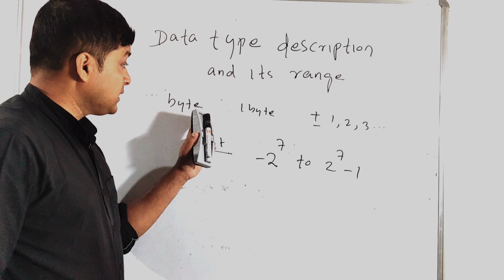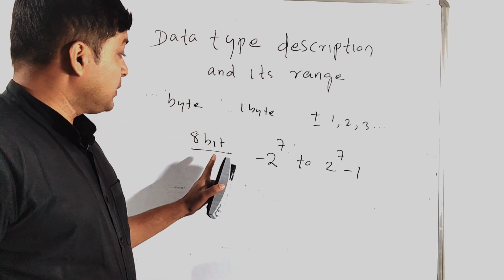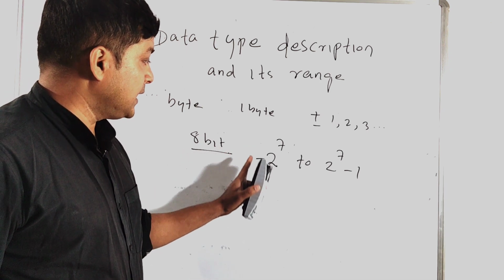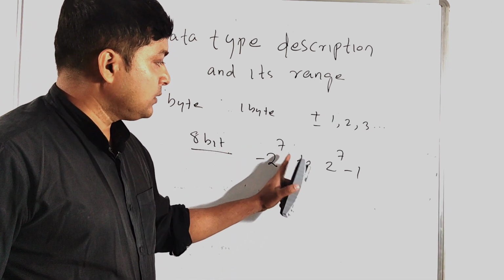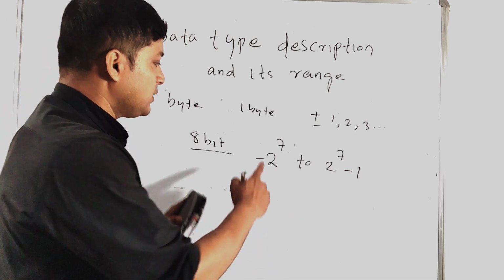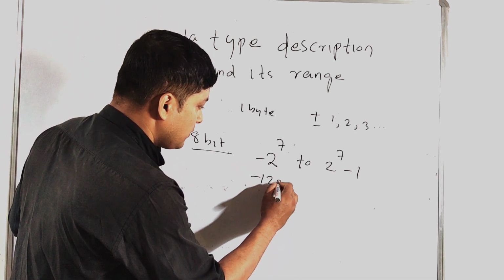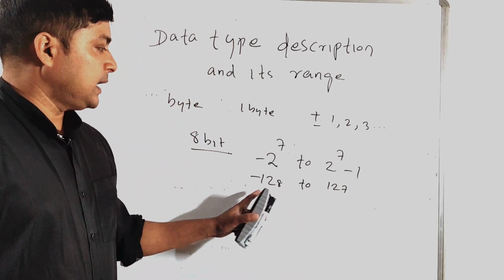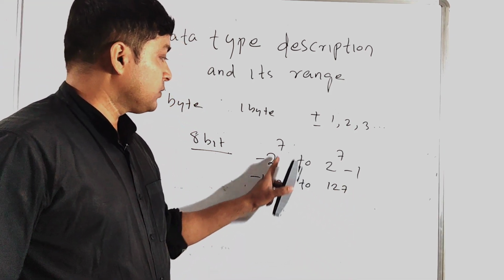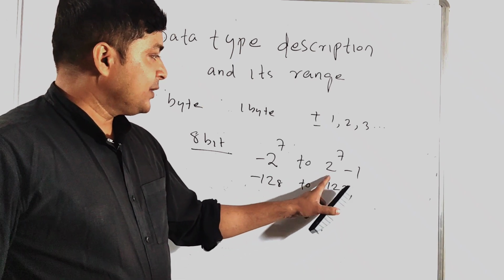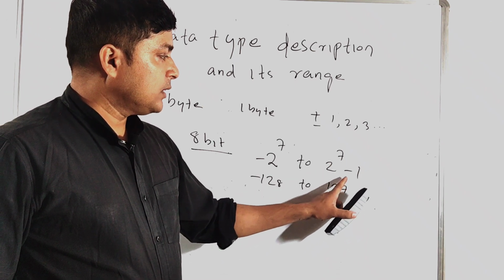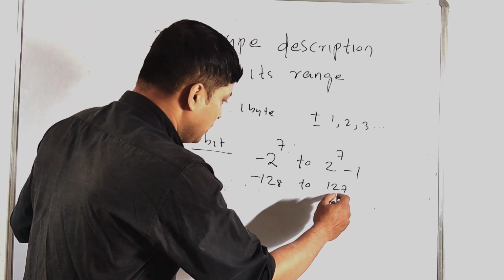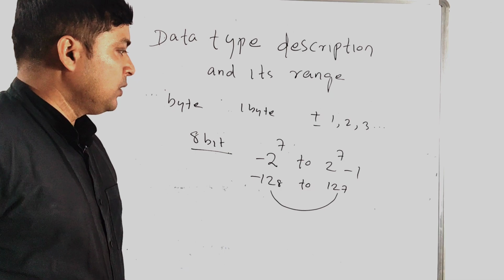Minus 2 to the 7 means minus 128, and 2 to the 7 is 128, and 128 minus 1 is 127. That means byte values range from minus 128 to 127.